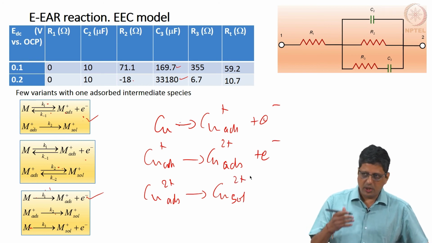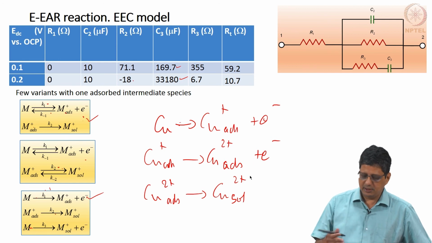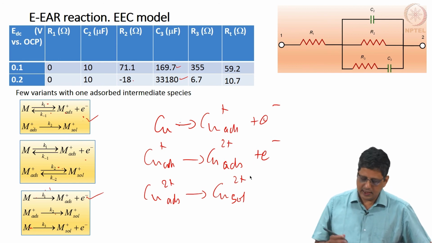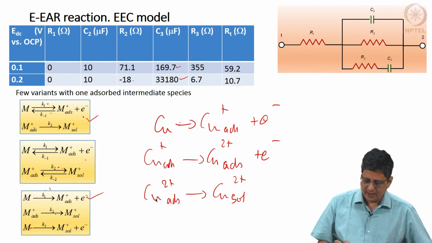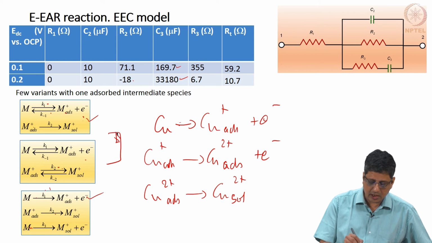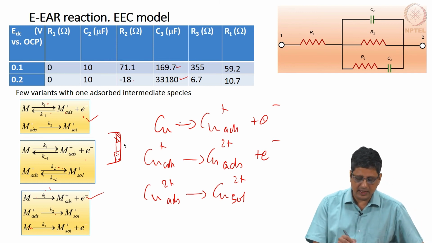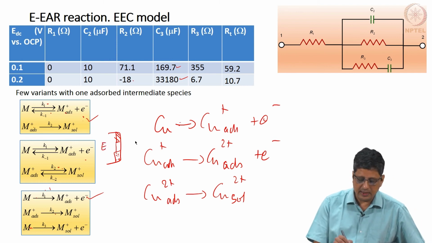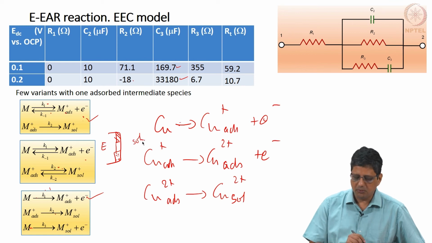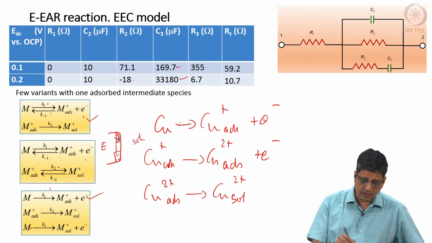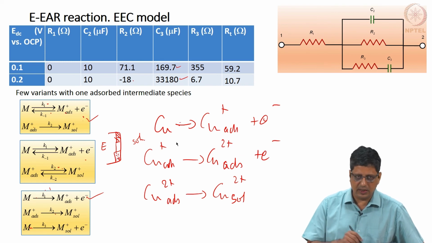If this explains the polarization curve as well as the impedance spectra, well and good; if it does not explain, what can I say? I will say okay, this is 1, this I will say copper plus, this I will say copper 2 plus, this is vacant. I am looking at it from the side, this is electrode and this is solution electrolyte. So, I am saying this copper plus has to become copper 2 plus and then go into the solution, that is what our model says.